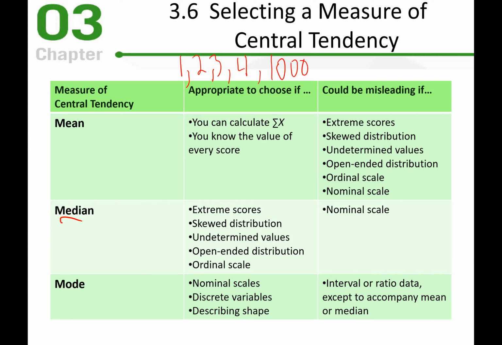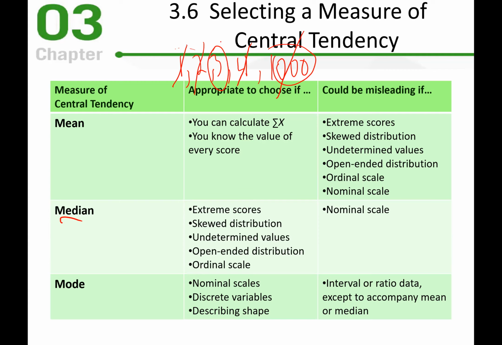If we're looking for the median as a central tendency, it's not affected by this extreme score, because the median here is going to be 3.